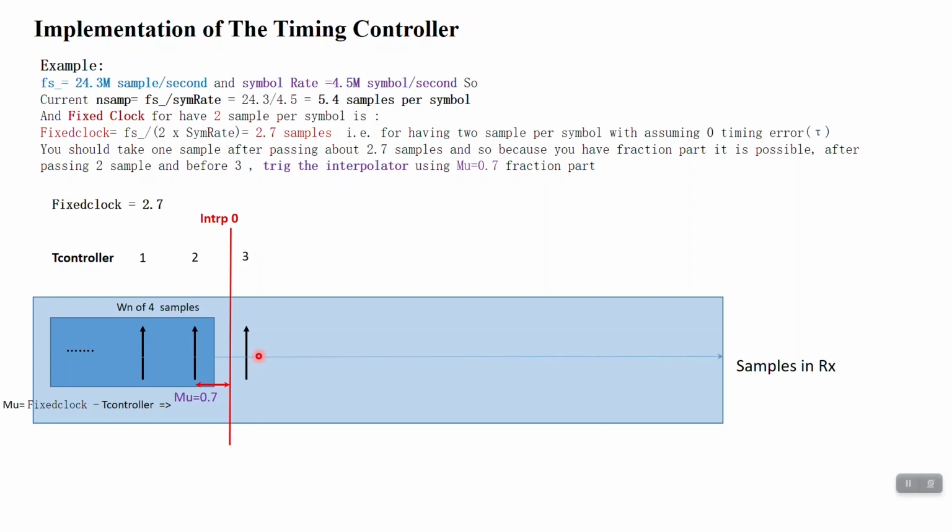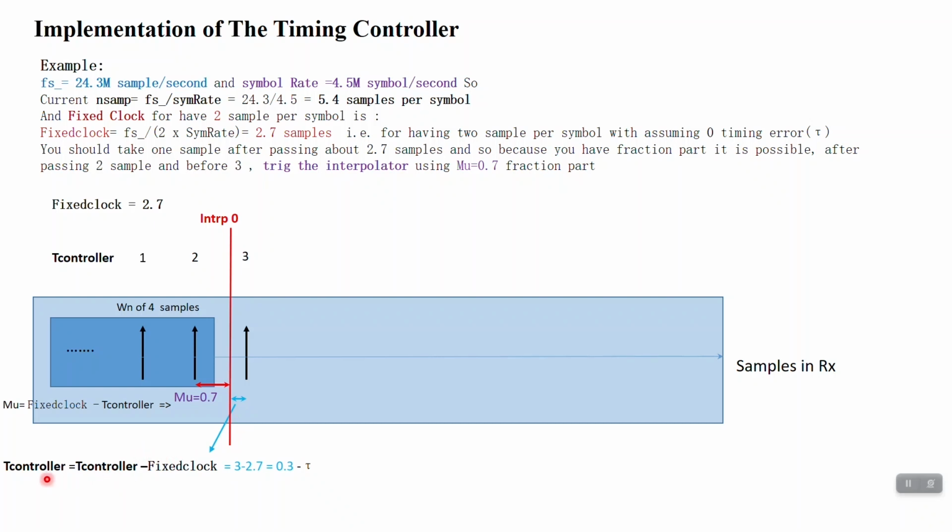The interpolator computes a sample, which we name interp 0 at this time. But after interpolation, the T controller value should be updated for the new condition.